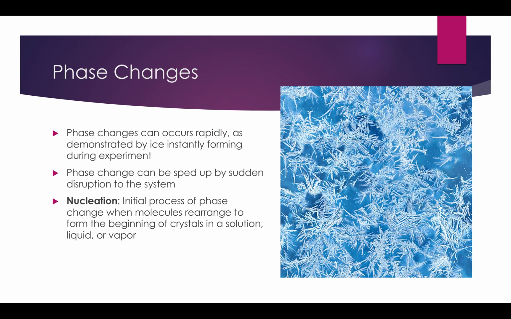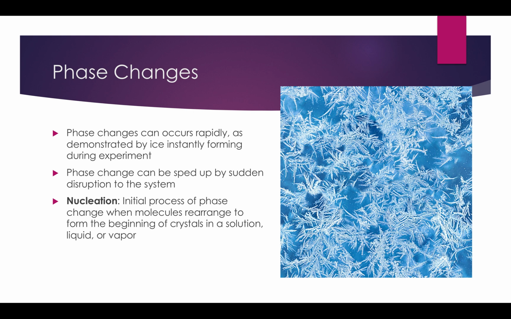All right, so let's kind of dig into what was happening with those experiments. The takeaway from all 3 is that phase changes can occur rapidly, and this is obviously demonstrated most visually when we took that water bottle and slammed it against the counter, and ice instantly formed.